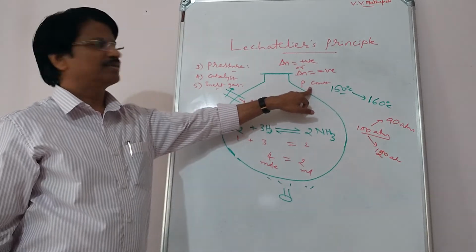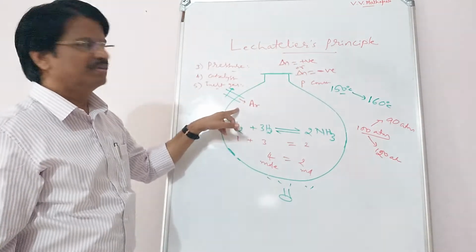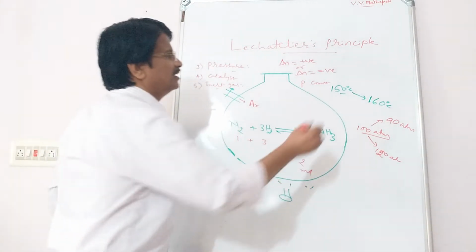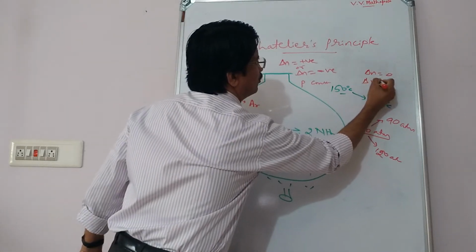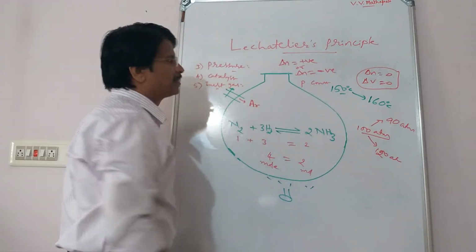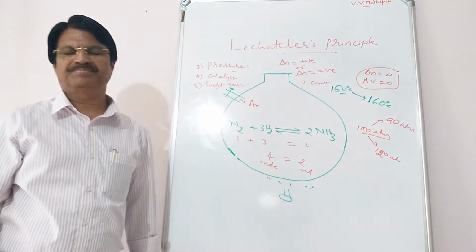At a constant pressure, if delta N is negative or positive, then there is an effect of noble gas or inert gas. If delta N is 0 or delta V is 0, addition of inert gas has no effect on the equilibrium.